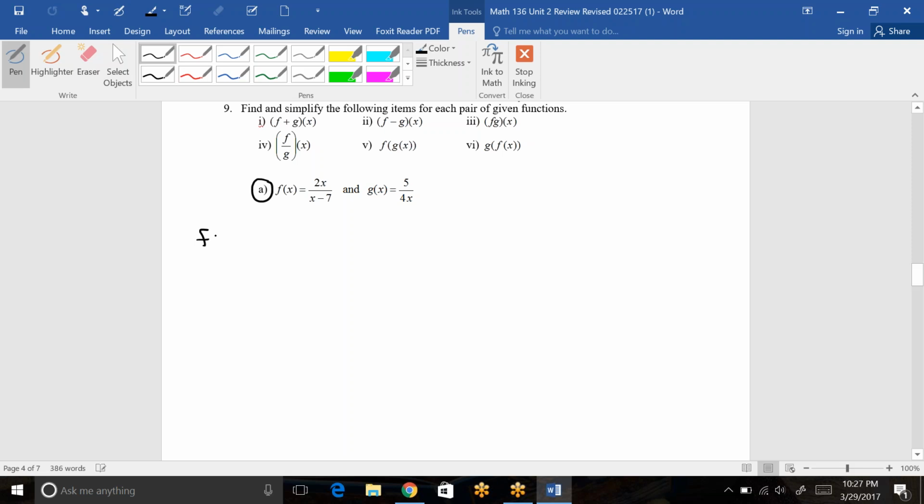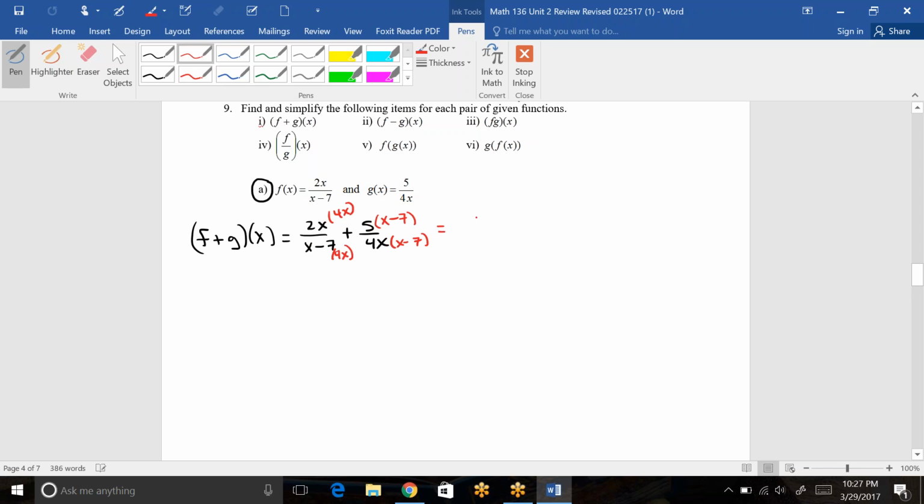9A, you have to do all 6 of these function operations up here. So the first thing we need to do is add the 2 functions together. So we write 2x over x minus 7 plus 5 over 4x. We're going to need a common denominator because you can add fractions if you have a common denominator. So it looks like this side is missing the x minus 7 and this side is missing the 4x.